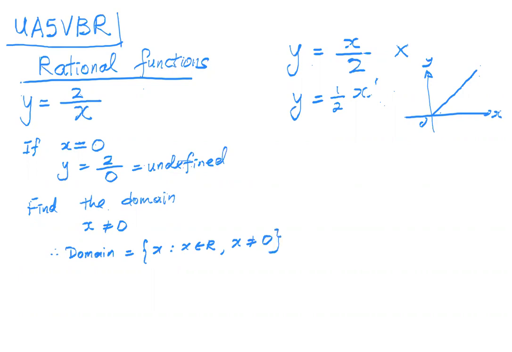So for rational function, we definitely will ask you to find the domain. So what is the difference between a rational function and a natural log? For natural log, whatever in the log must be greater than 0. For a rational function, whatever at the bottom of the rational function cannot be equal to 0.